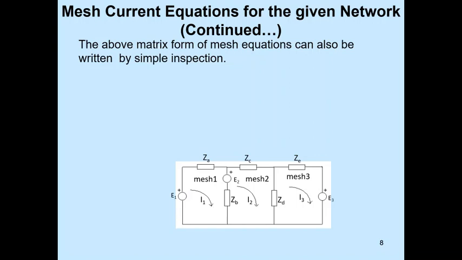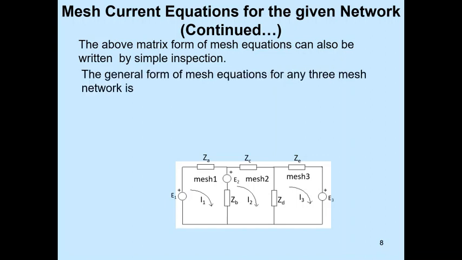The above matrix form of mesh equations can also be written by simple inspection. The general form of mesh equations for any three mesh network is Z11 I1 plus Z12 I2 plus Z13 I3 is equal to V1. Z21 I1 plus Z22 I2 plus Z23 I3 is equal to V2.